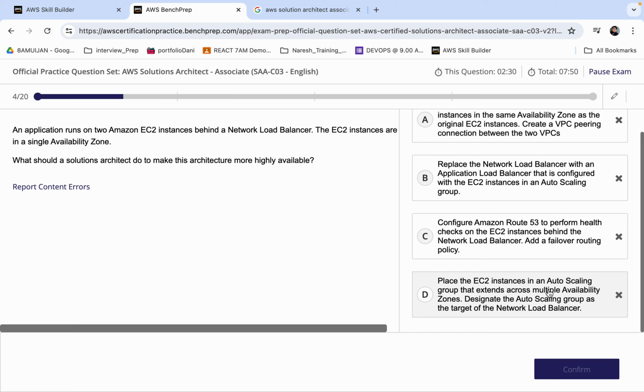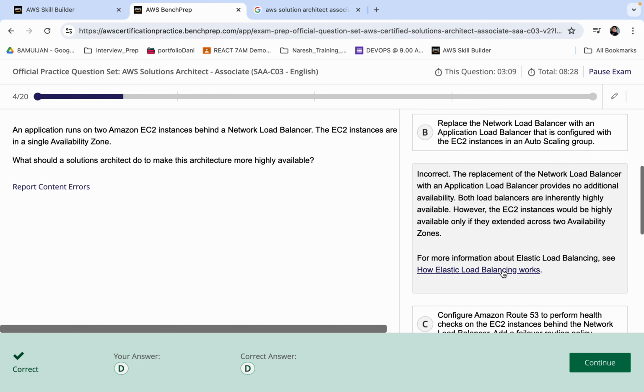VPC peering can also be there, but it will not work here. They want high availability. We don't need to replace the NLB with an ALB, that is not required for sure. Route 53 health checks can also be there, but Route 53 will not help here. Only the Auto Scaling group will help, so let's mark it and see.